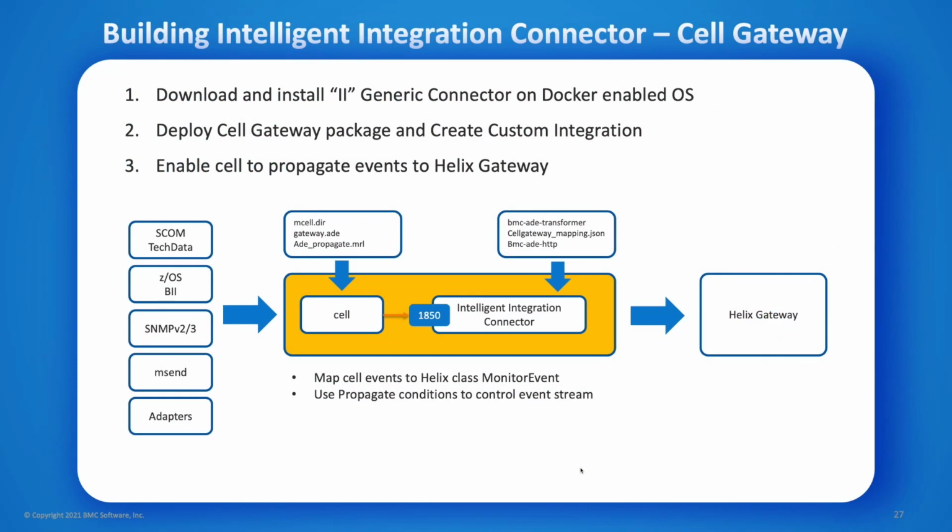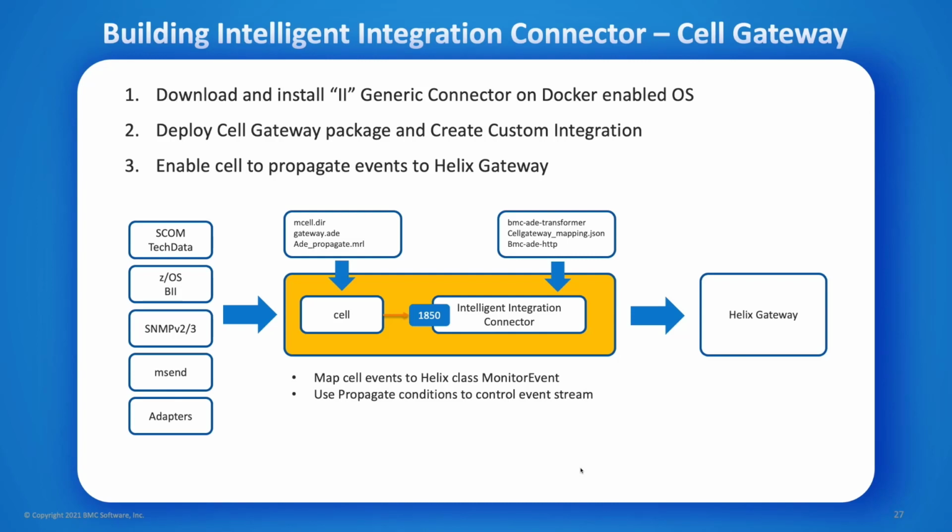The Intelligent Integration Cell Gateway is basically a piece of software that allows you to keep your cells on premise, keep event management on premise, or some of the event management on premise, and keep some of the integrations on premise, and forward these events to Helix. So that is the easy path.